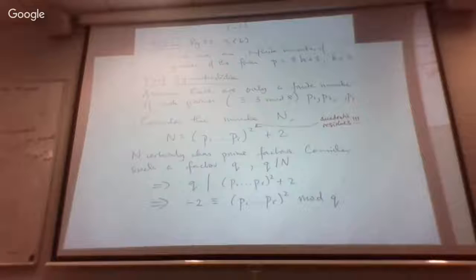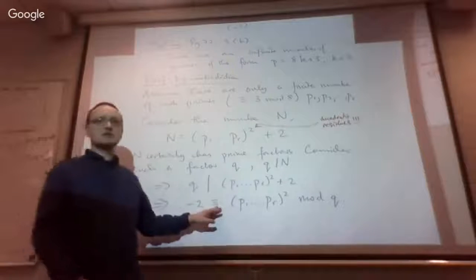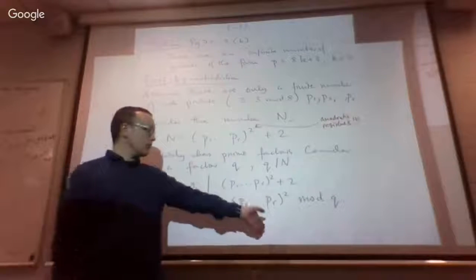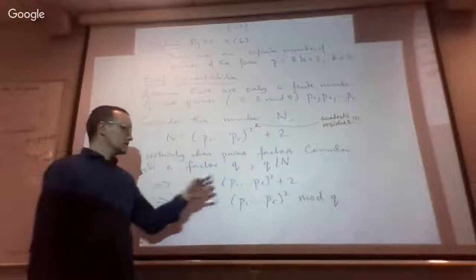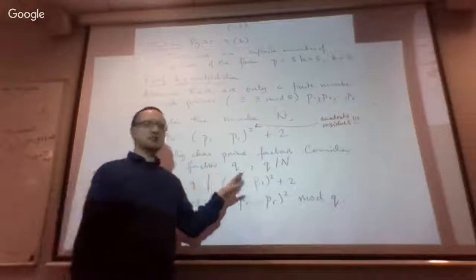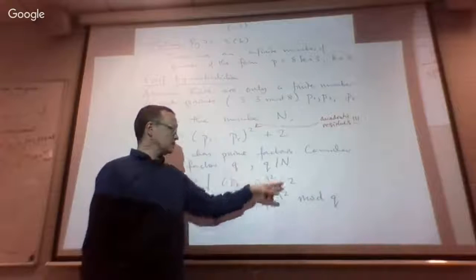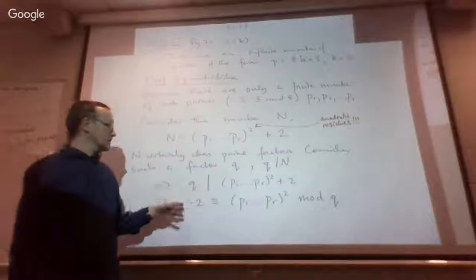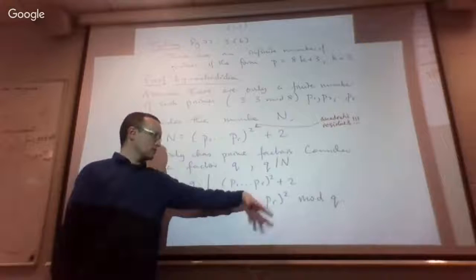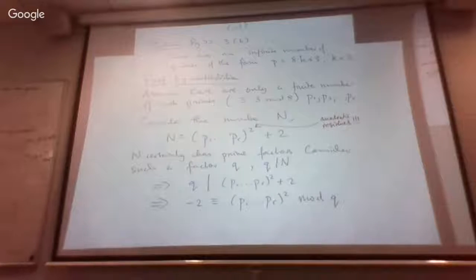This is exactly the definition of congruence: x is congruent to y modulo q means q divides the difference x minus y. So here we have this squared bracket plus 2, so that means that minus 2 and the squared bracket are congruent to each other modulo q.